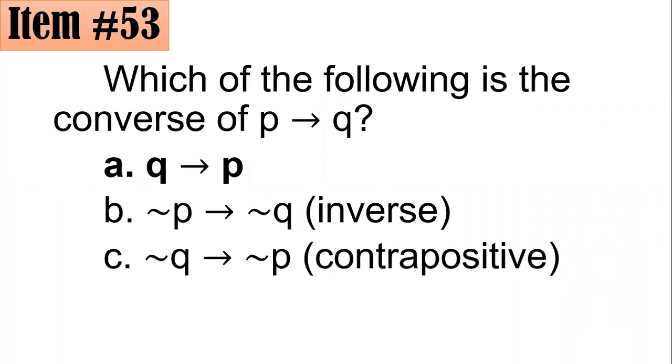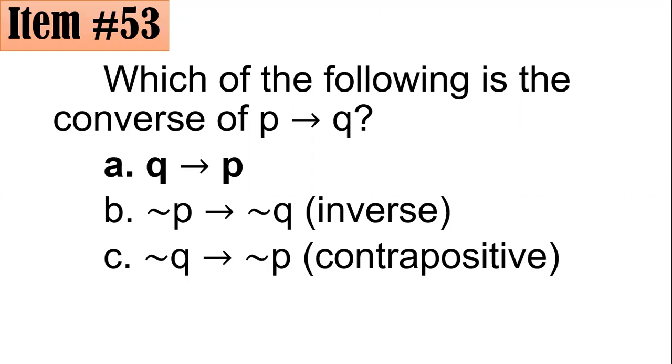Letter C naman po, kapag not Q implies not P, yan po yung tinatawag nating contrapositive. To achieve the contrapositive po, it's simple. Una, i-converse ko po siya like this. And after mo pong i-converse, kunin mo po yung inverse nun. Tandaan po natin ha, yung contrapositive is the inverse of the converse.